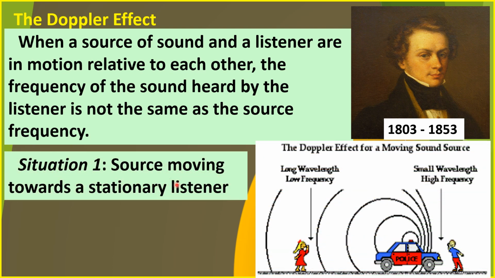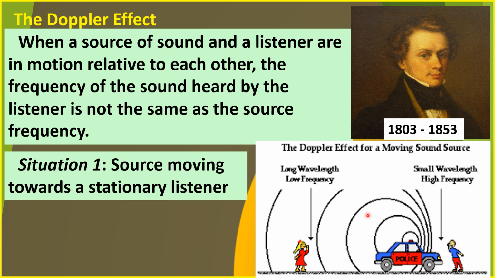if the source is moving towards a stationary listener, as shown in this illustration, supposing this is the source of the sound, the police car with its siren being blown, and then there is this stationary listener, this man to the right, what's going to be the frequency of the sound heard by this man?